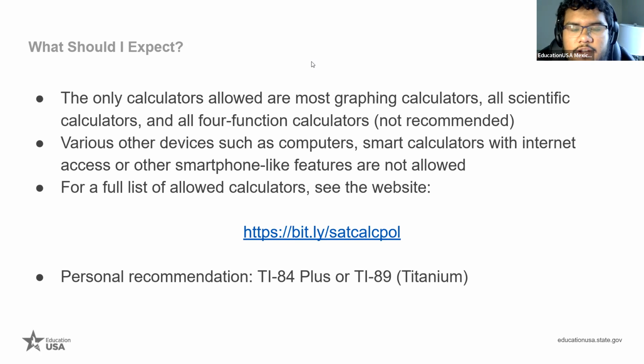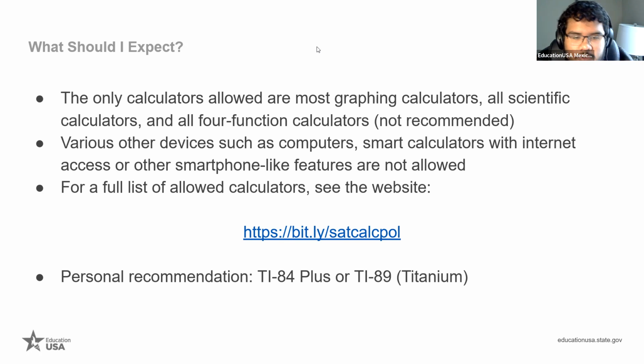Those are very much not recommended for the SAT because there's a very high chance you will have to use more complex functions such as a square root or even trigonometric functions such as sine, cosine, and tangent. So very much not a good idea to use a 4 function calculator for the SAT, although it is allowed if you for some reason need to take one.